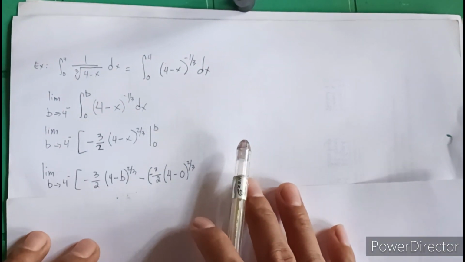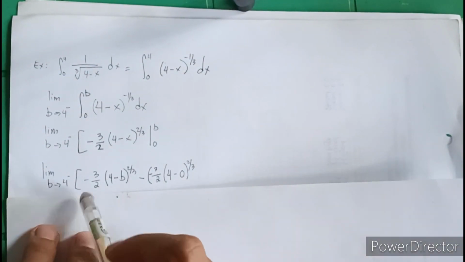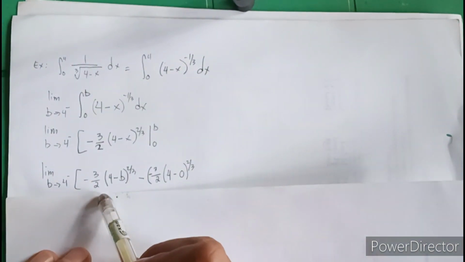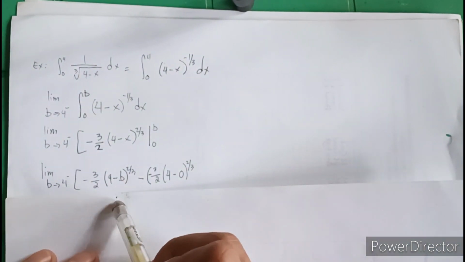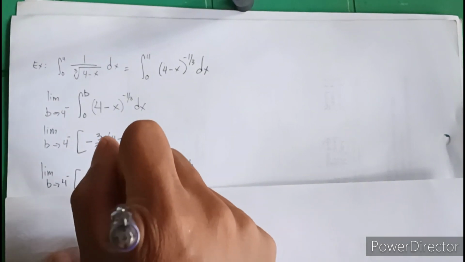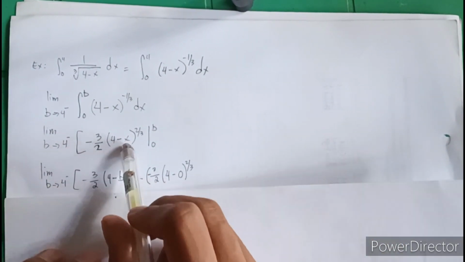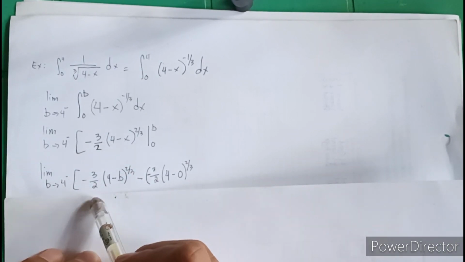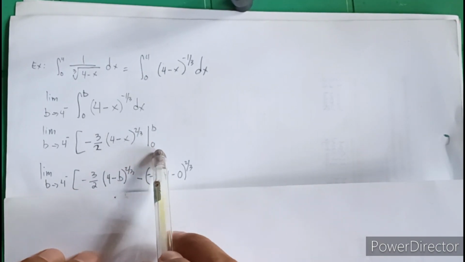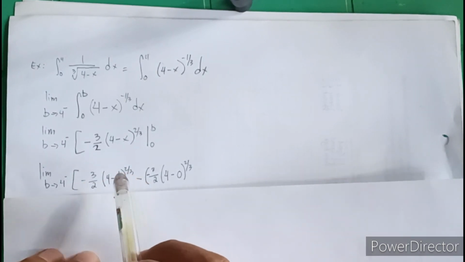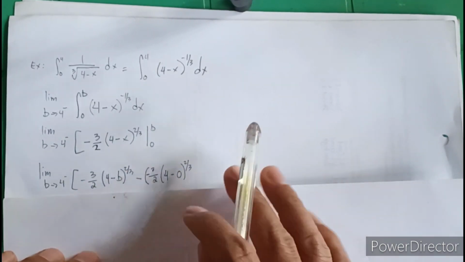Next, we can use the fundamental theorem of calculus to evaluate this. All we need to do is plug in the 0 and b values into our expression and find the difference of these two.